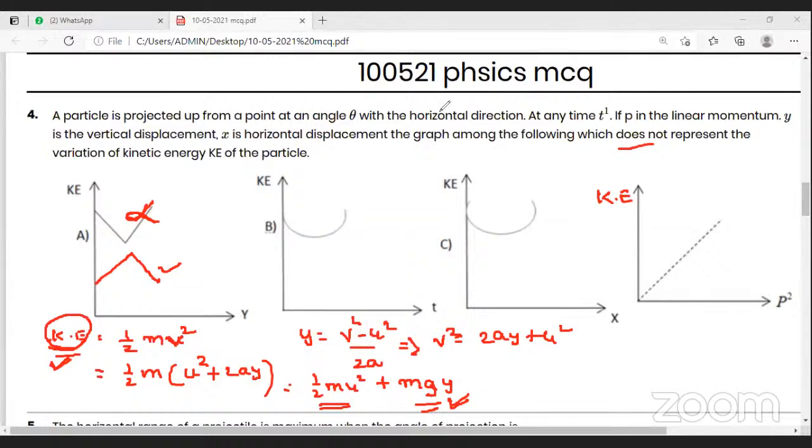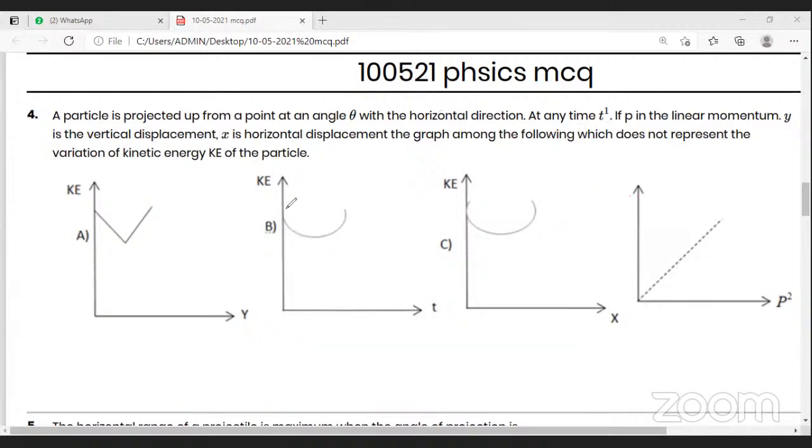What is the second one? Relation between kinetic energy and time. What can we write for the relation between kinetic energy and time? Kinetic energy is again half m v square anywhere, and along with the time, how v changes is important here.